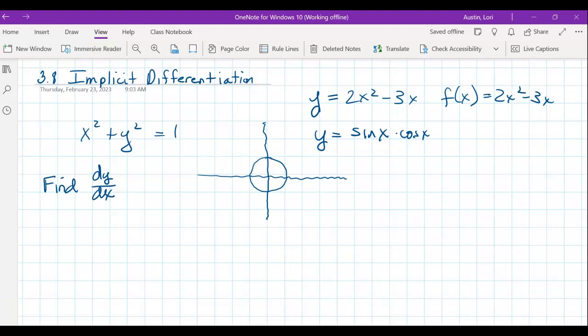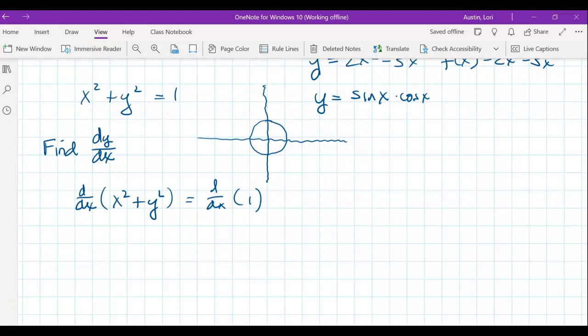So basically all I'm doing is taking the derivative with relation to x of both sides.